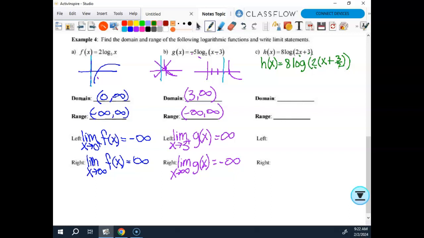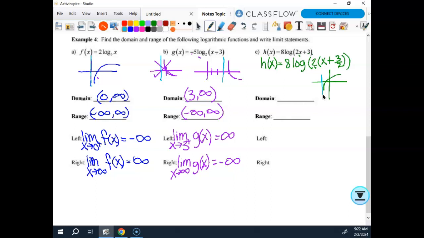So when I go to graph my little parent function here, I've got the 8, that stretches it. Even the 2, that horizontal stretch and compression, that doesn't affect anything. The only thing that's going to affect my domain and range, and my limit, or not the only thing that affects my limits, but my domain and range, is going to be the shifts. So I shift where? Left 3 halves, right? So I end up with this right here, right?